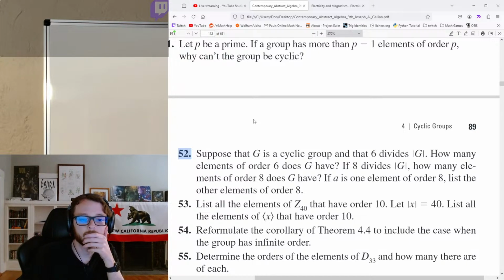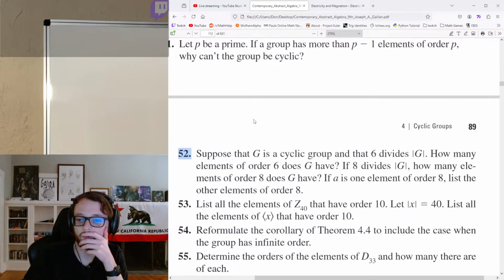Um... 6 divides the order. I mean, isn't it just phi of 6 still?